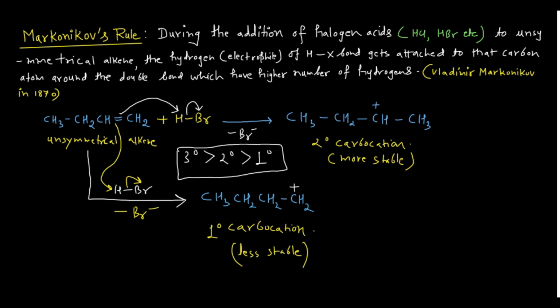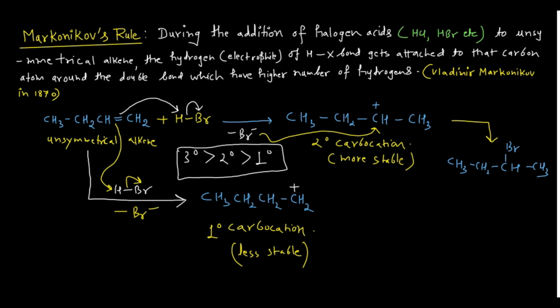So what will happen in that case? This negatively charged species will add to this one, and you will have your product. You can write your product in that manner: CH3, CH2, CHBr and CH3.